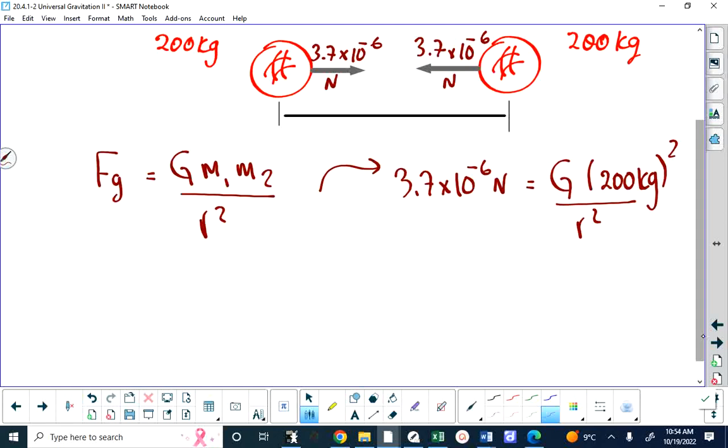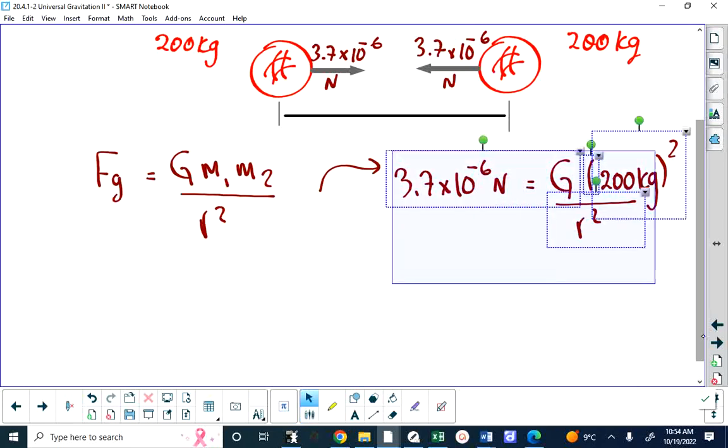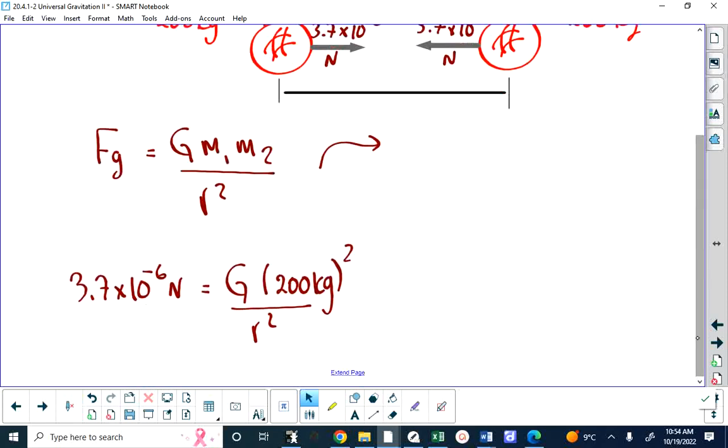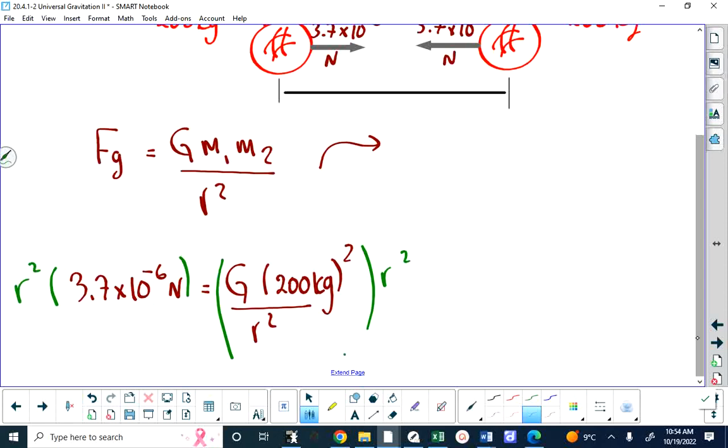So mathematically, what you do to this, and I've painted myself into a corner here, so I'm going to move it here. Mathematically, what you do to this is you say, I do not like that denominator. So to get rid of it, I'm going to multiply both sides by that. That's a math approach. I'm eliminating a denominator because then it's easier.